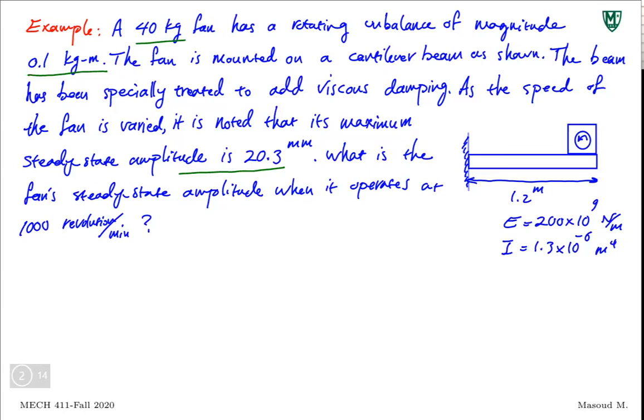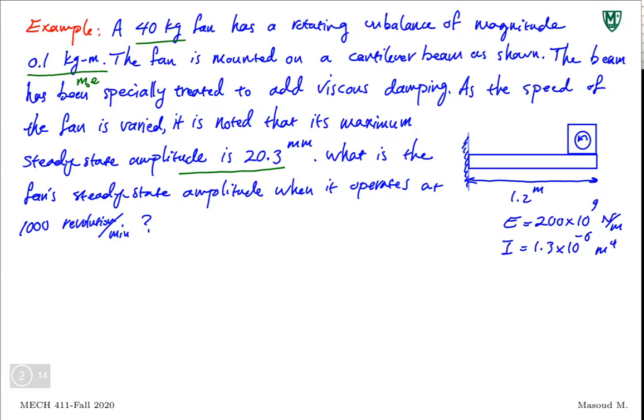So what we are given here is directly the value of m naught E, m naught being the unbalanced mass and E being the eccentricity, the distance that the unbalanced mass has from the axis of rotation. So it's mass times distance. We are given m naught E directly instead of being told what m naught is and how far E is from the axis of rotation. We're just given the multiplication value.